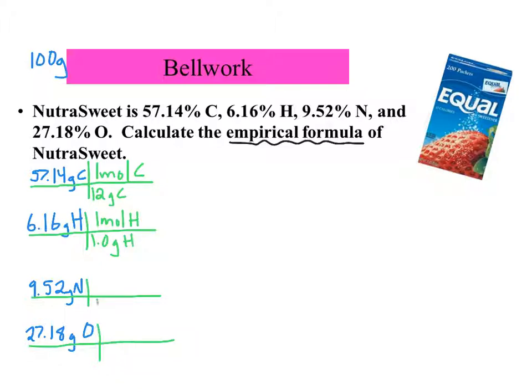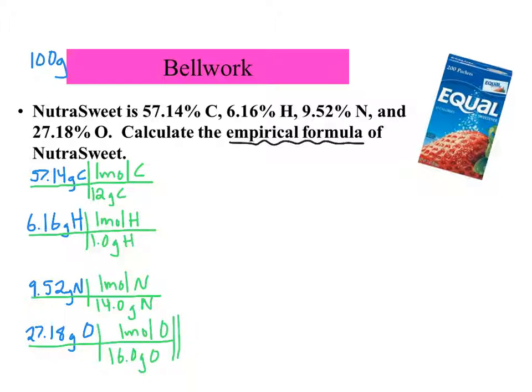And there are 14 grams of nitrogen for every 1 mole of nitrogen. And there are 16 grams of oxygen for every 1 mole of oxygen.